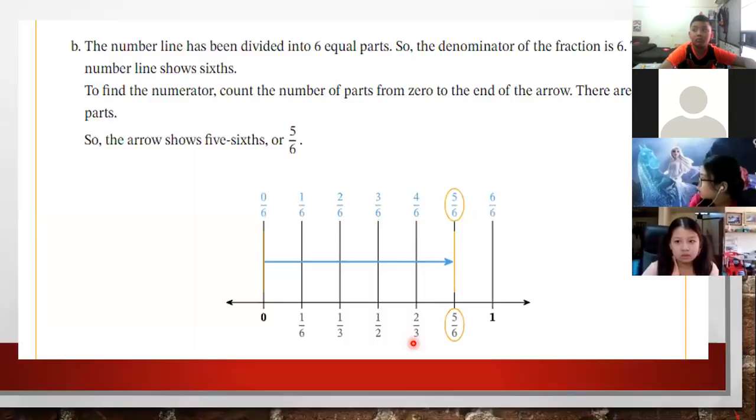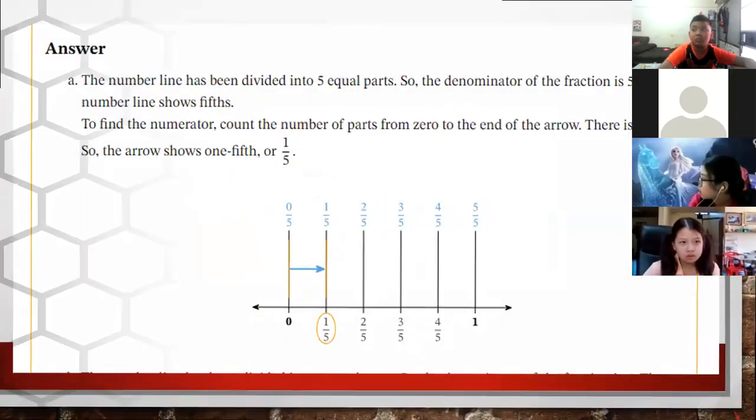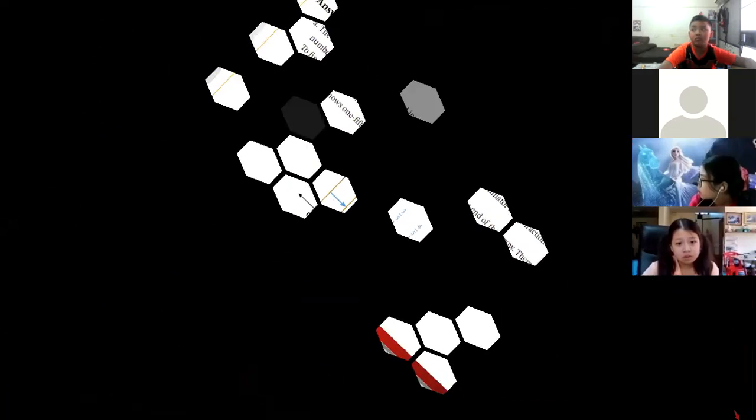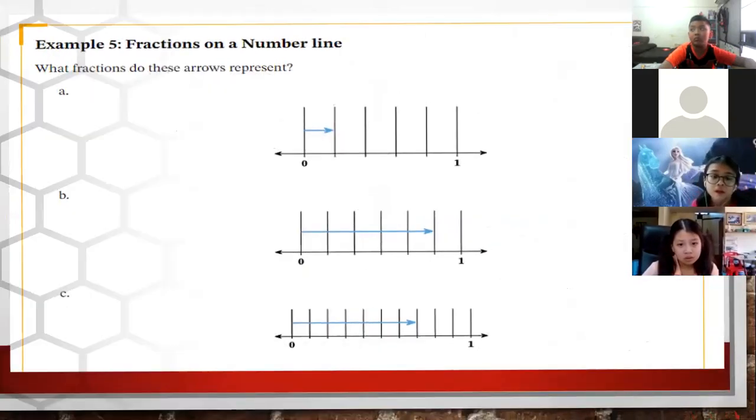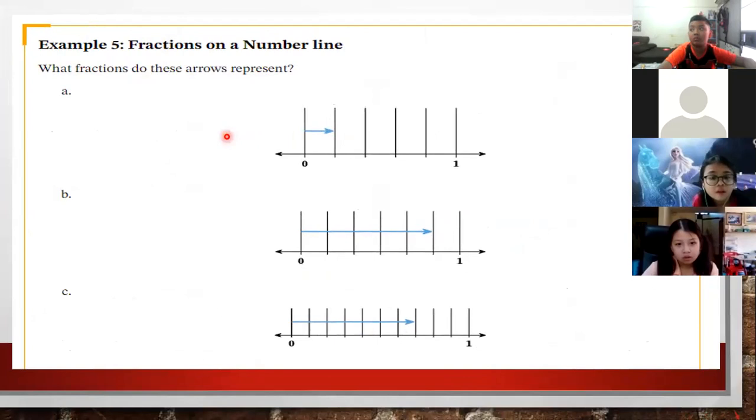If I give you this one, what fraction does this arrow represent? Anyone? 1/2.